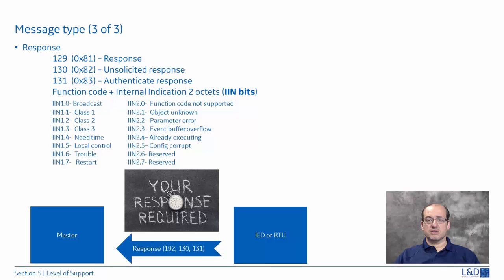It either tells us that there is class 1, 2, 3 data that's available for scanning, or it tells us that the device has received a broadcast message. And there are some important bits that will tell us that the device is in a trouble state, or the device received an unknown object, which means an unsupported message, or it has a buffer overflow.